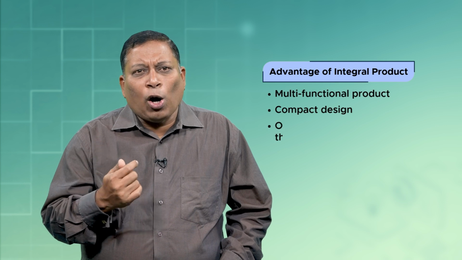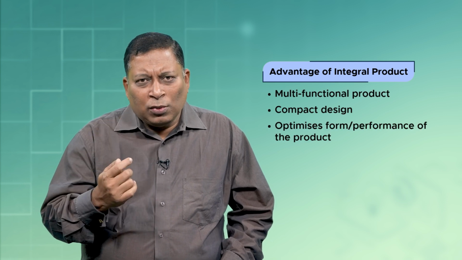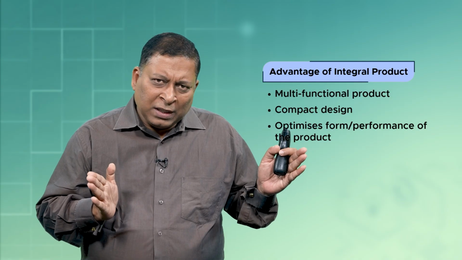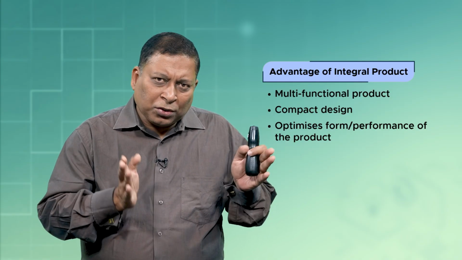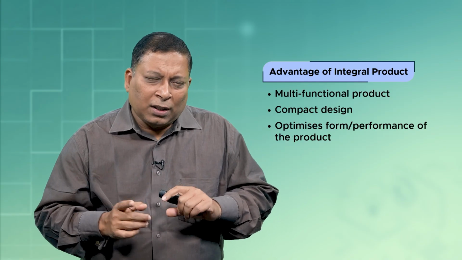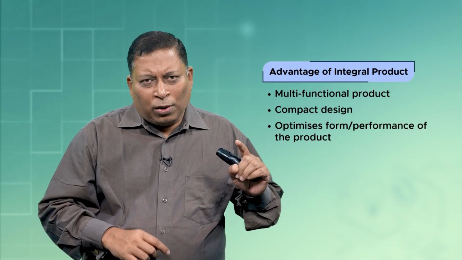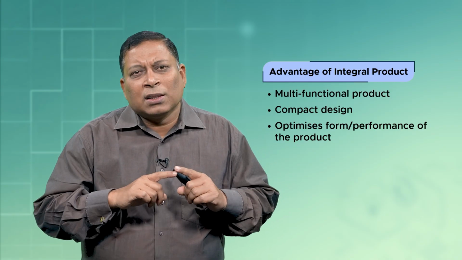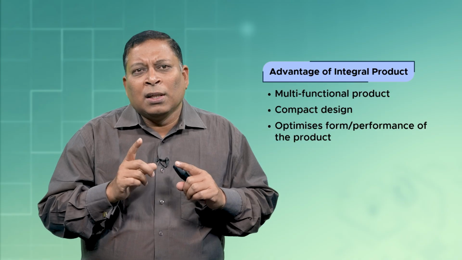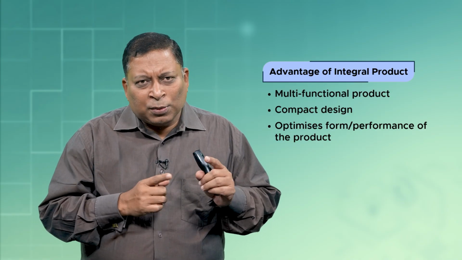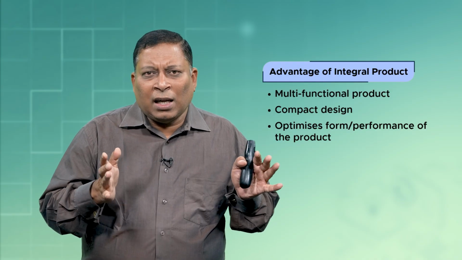This essentially optimizes form over flexibility. This is more about designing for the form or the structure rather than flexibility. The modular architecture was designed for flexibility, not for form or utility. Here it gives you more utility or performance rather than flexibility and customizability. It minimizes form, size and volume of the product.